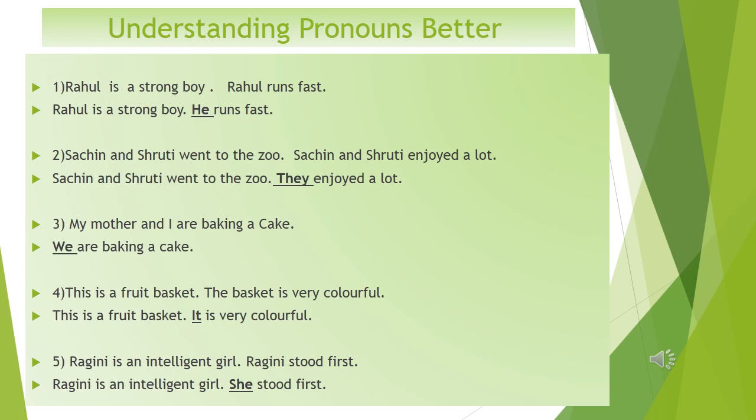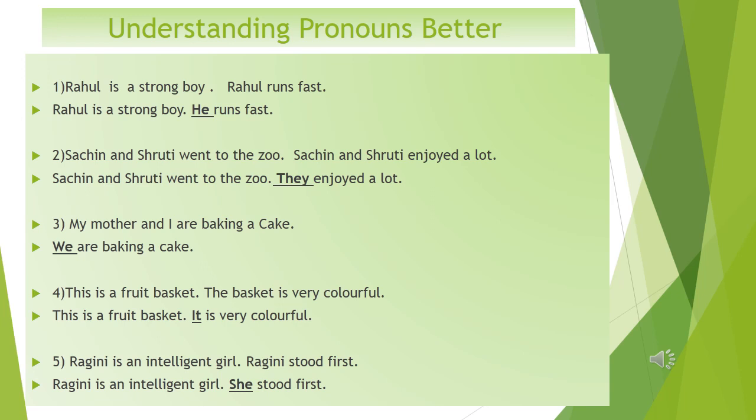You can use a pronoun instead of Rahul, because you know pronouns are replacing words. And here we are going to replace the naming word Rahul with the pronoun he. So your sentence now becomes Rahul is a strong boy. He runs fast. Why we have written he? Because he is used for a boy and Rahul is a boy.